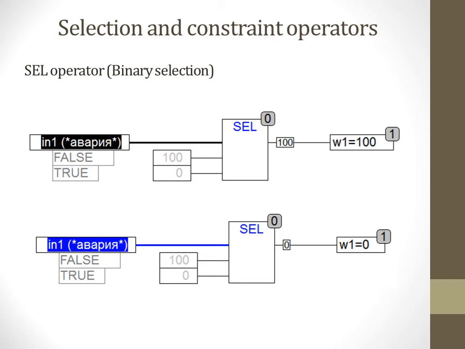If the first input is false, this block gives us the value of the first of the inputs, and when the first input changes this binary value, the output of this SEL block changes its value to the value of the second input.